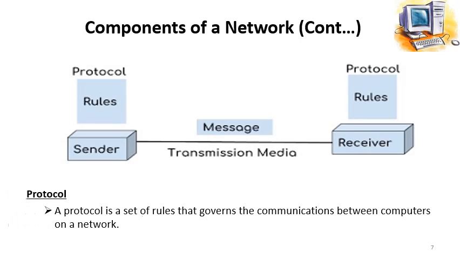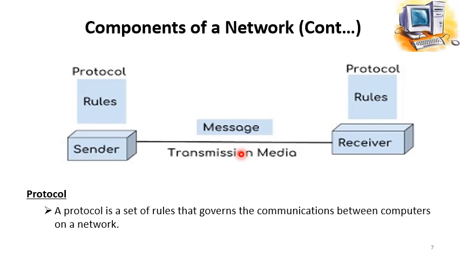We call it protocol. A protocol is a set of rules that governs the communications between computers on a network. So it is a set of rules which must be followed by both the parties, the sending and receiving devices, to communicate with each other over the network.